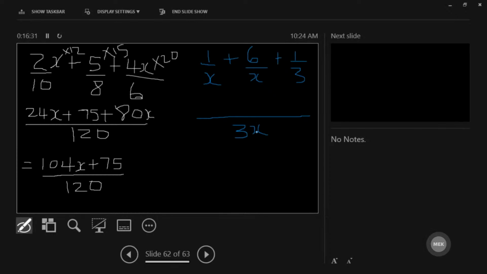So x into 3x goes 3 times. And 1 times 3 is 3. X into 3x goes 3 times. 6 times 3 is 18. And 3 into 3x goes x. So 1 times x is x.